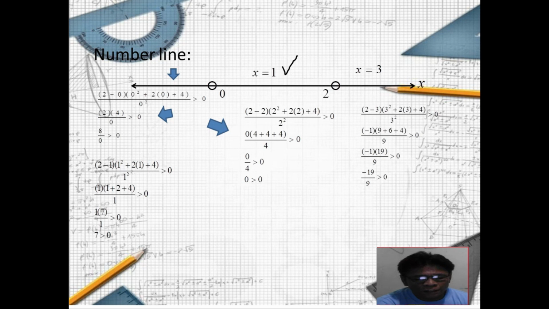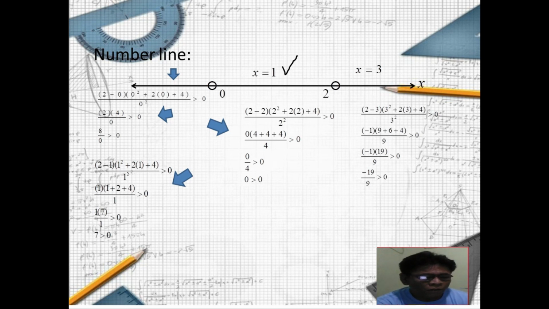From the part between 0 and 2, I will try 1. You can also try 1/2 or 1.5, but I will try 1. 2 minus 1 times 1 squared plus 2 times 1 plus 4 over 1 squared, and that is 1 times 1 plus 2 plus 4, that is 1 times 7 over 1, and that is 7, which is greater than 0, and that is true.